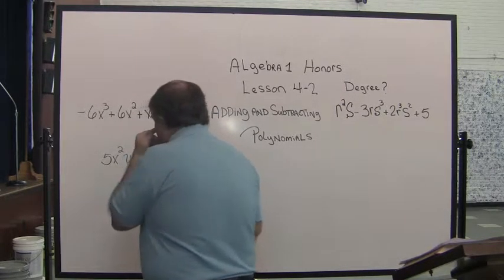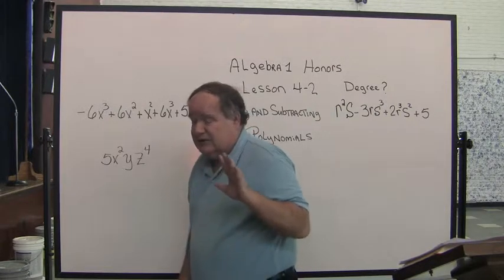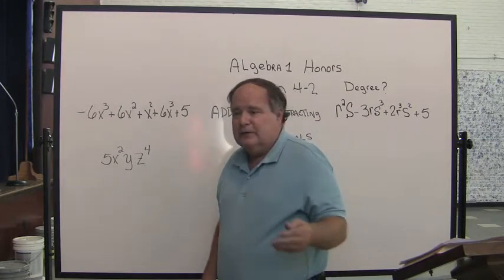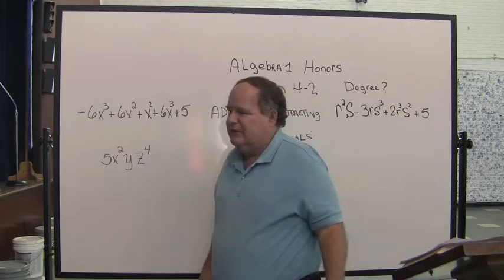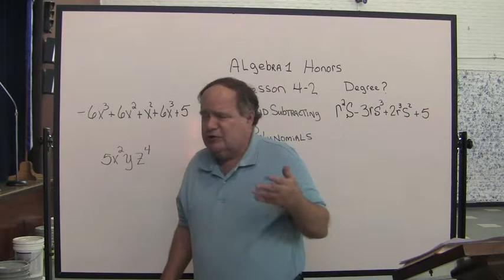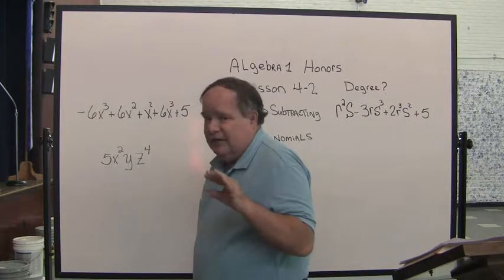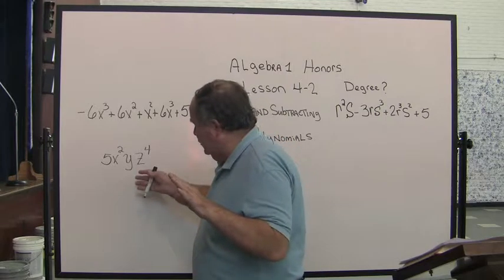Now, before we start to add and subtract, there's a couple more things that we need to go over. A lot of times on a test or a standardized test, they're going to ask, what is the degree of this monomial? What is the degree of this polynomial or binomial or trinomial? It's very simple. Let's look at this monomial.